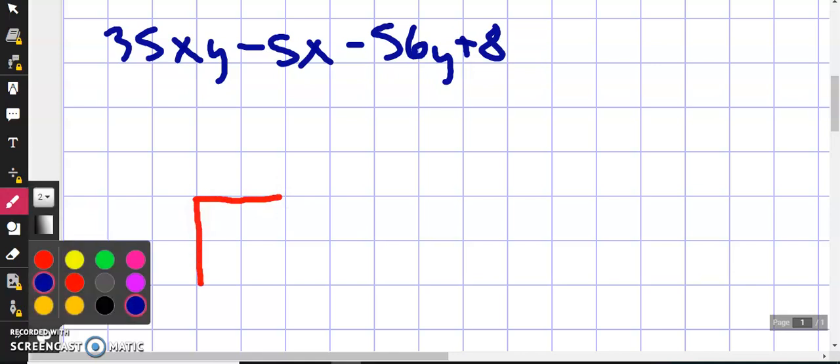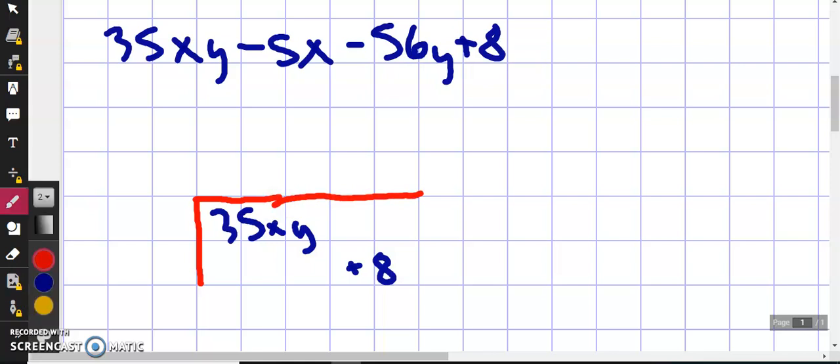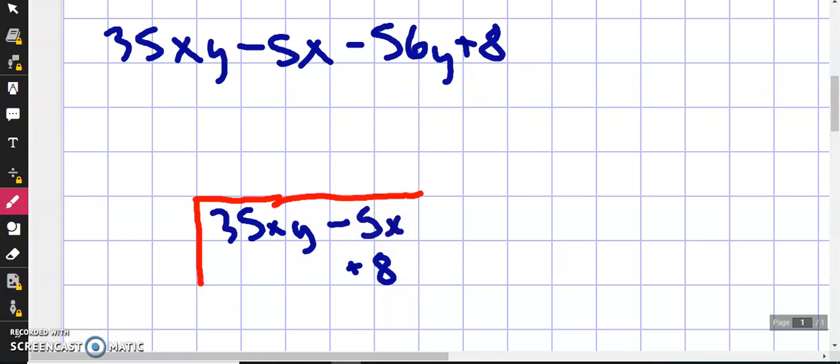Which means I'm going to start with 35xy and end with positive 8. However, unlike the ones we just did, they actually gave me enough terms to fill in the box, so I don't have to figure out what goes in the middle. I already have it split up. So all I need to do is write down the 5x and the 56y.